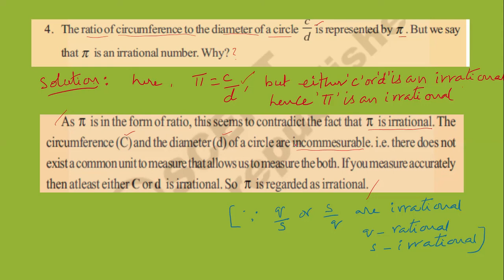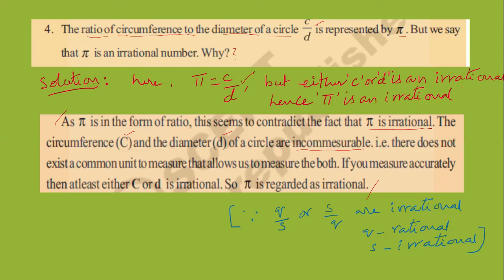There is no common unit to measure both C and D. You may identify the important key point here: there is no common unit to measure both the numerator, circumference, and the denominator, diameter, perfectly.